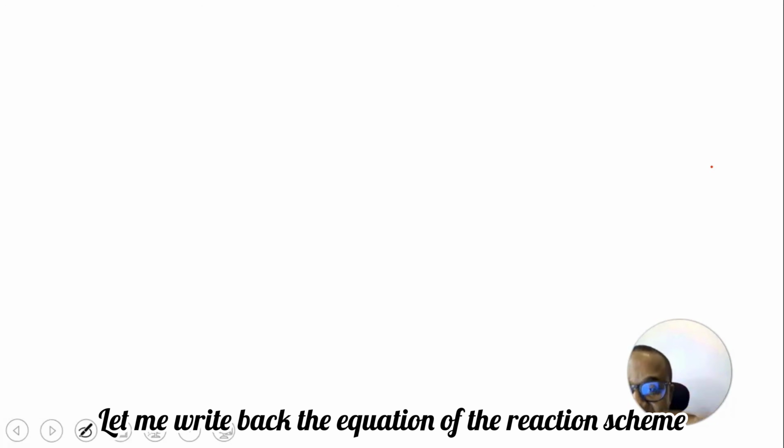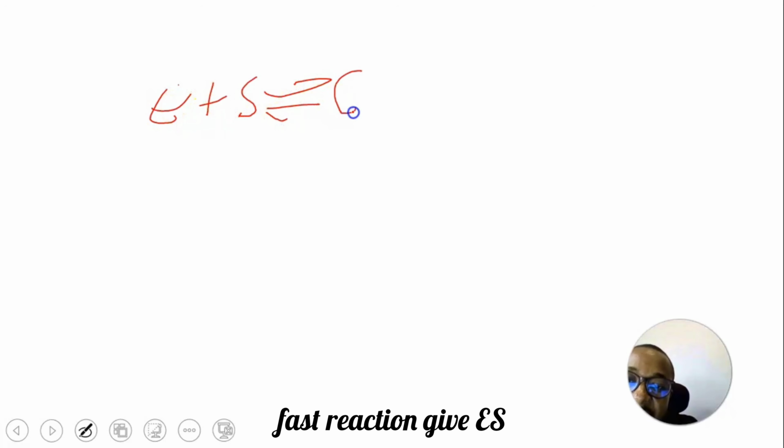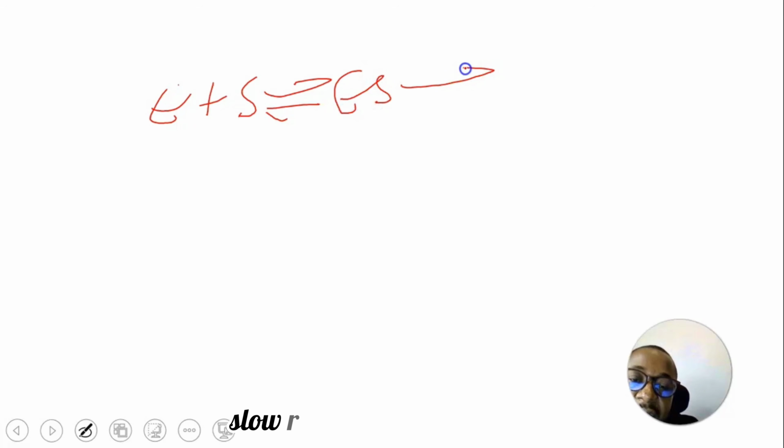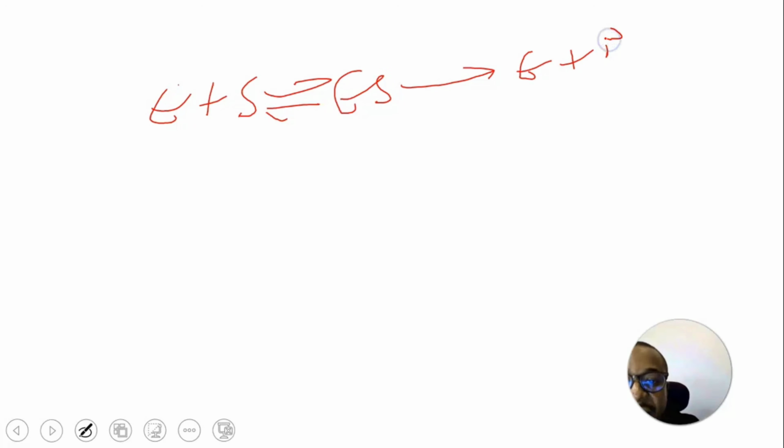The next step, let me write back the reaction scheme. E plus S, fast reaction gives ES, slow reaction gives E plus P. Now this is K1, this is K minus 1, K2.